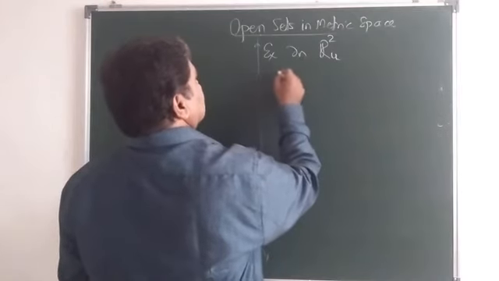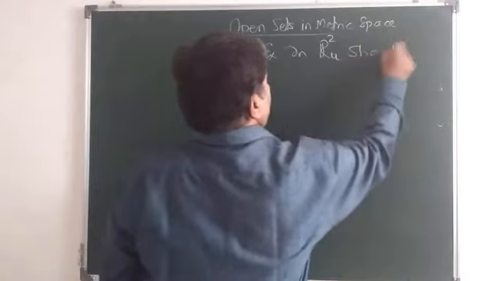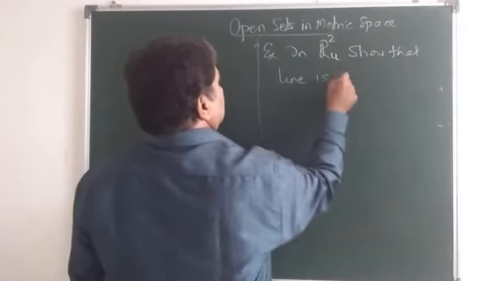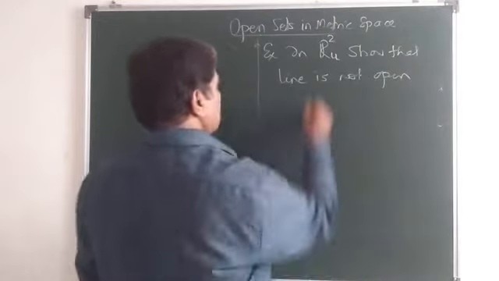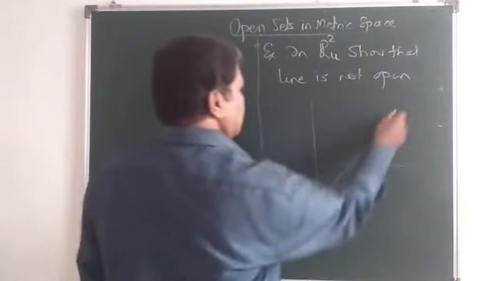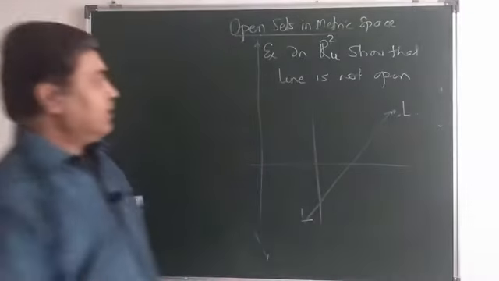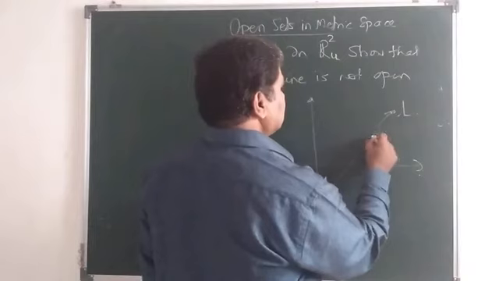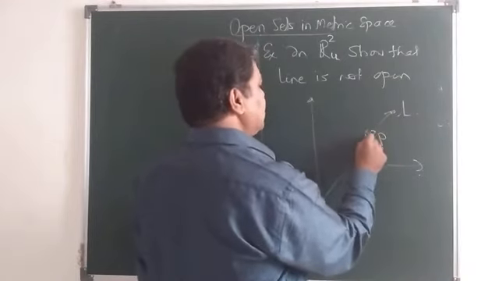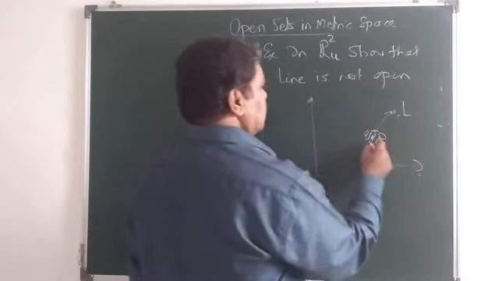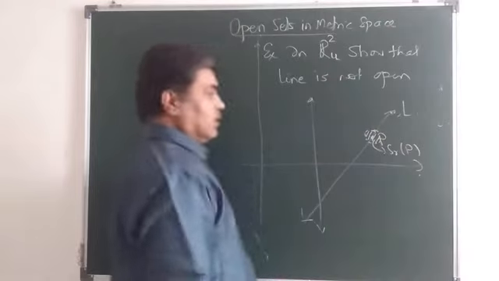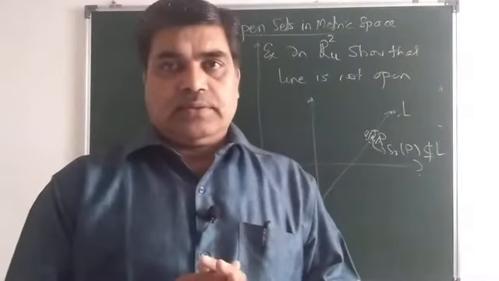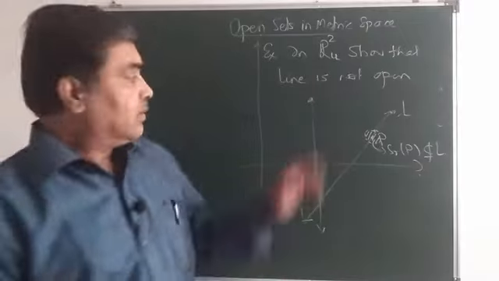Show that in R2 a line is not open. So if I take any line here in the xy plane, and any point on it, say P, even with a very small neighborhood, this S_r(P) is not a subset of L. This story is for every point, but if you get just a single point, then that set is not open.